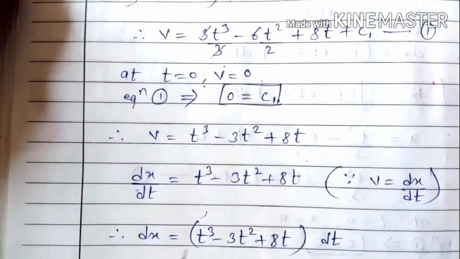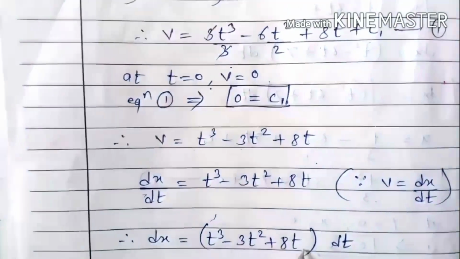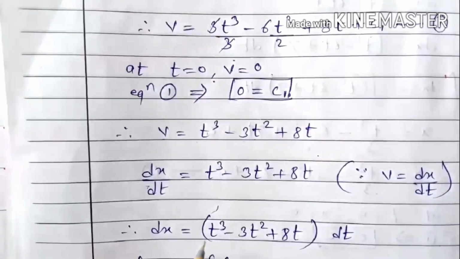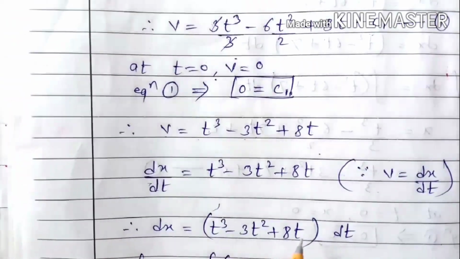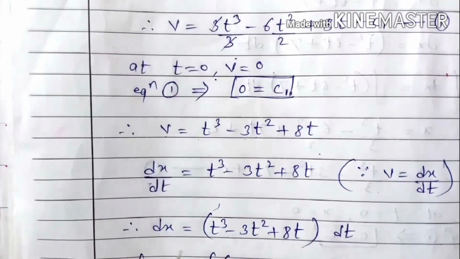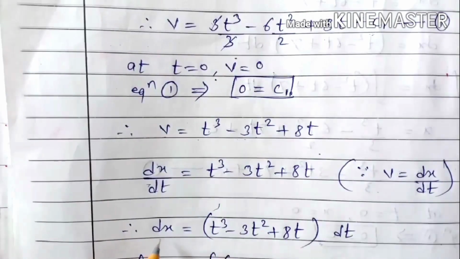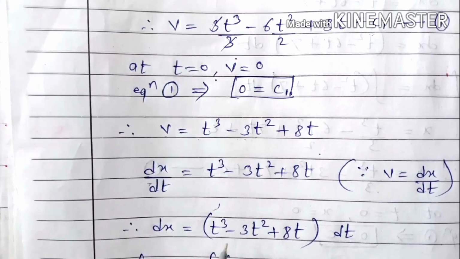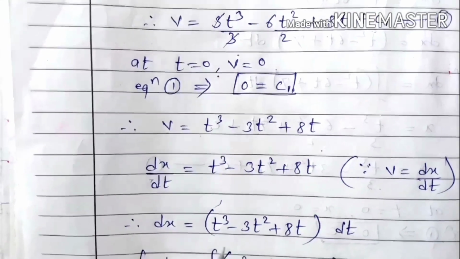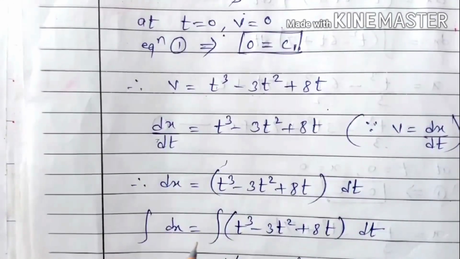Again we shift dt to the right side, it becomes dx equal to t cube minus 3t square plus 8t dt. Here we separate these two variables dx and dt to the opposite side. Now integrate both sides.